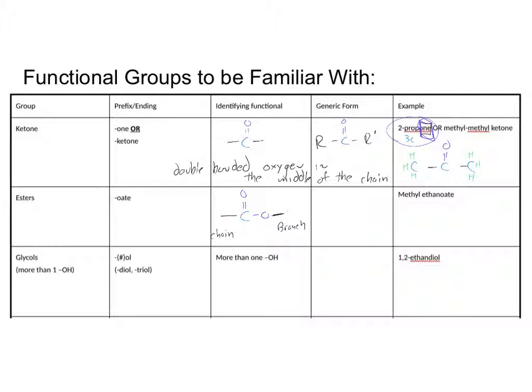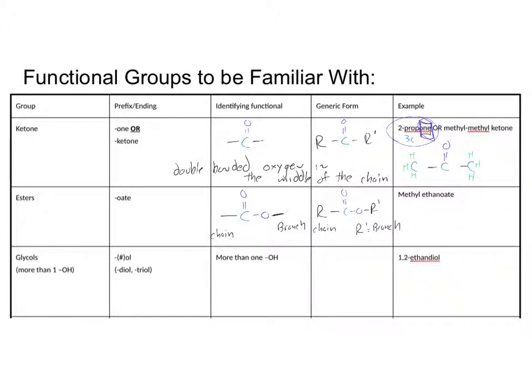When we draw our functional group generic form, what I have is R attached to a carbon that is double bonded to an oxygen, single bonded to an oxygen, that is attached to R prime. In this case, R prime is a branch, and R by itself is the chain.